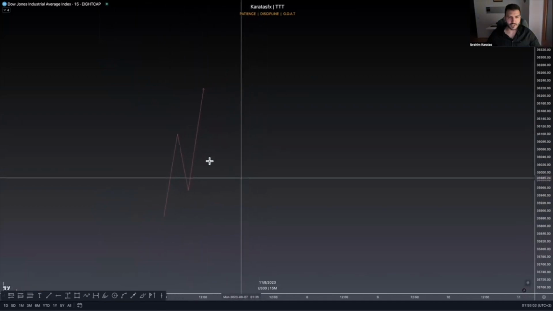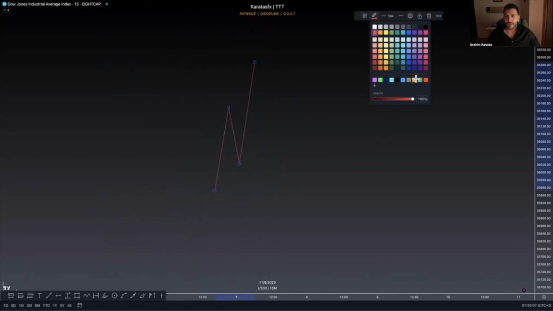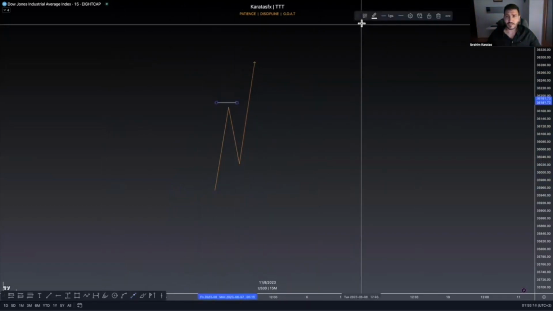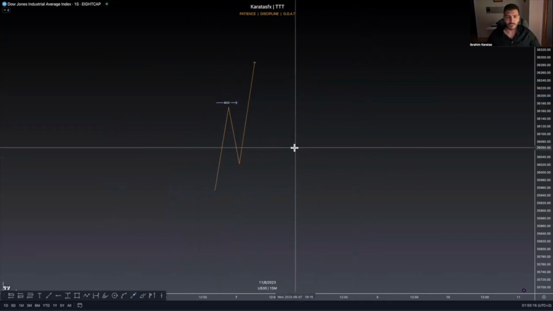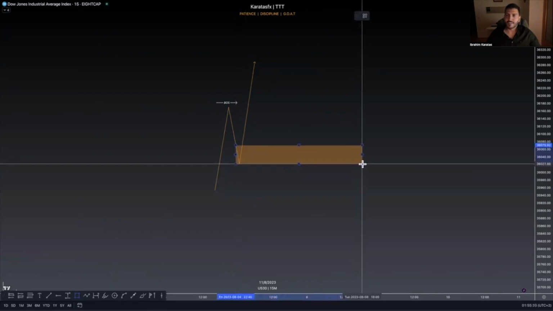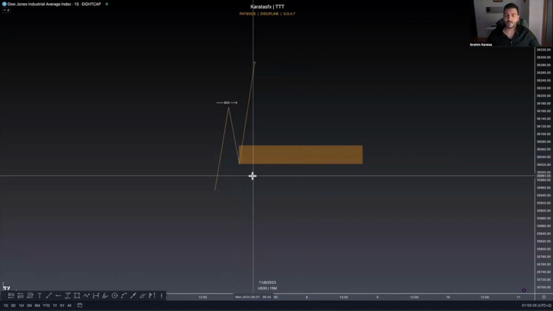Let me just change the color real quick to our beautiful academy color. Perfect. So what we have right now is a bullish market. We have a nice break of structure and at a discounted level, we have a demand zone. You know already how to draw demand zones and supply zones. We showed it in the text document and we talked about it in the videos.